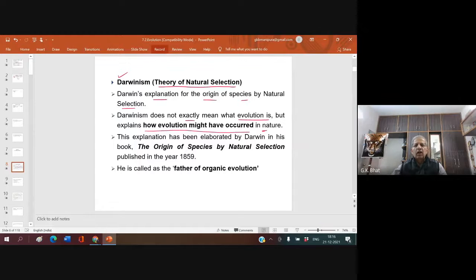This explanation has been elaborated by Darwin in his book called Origin of Species by Natural Selection, published in the year 1859. Please remember, it's very important. In one of the examinations, they even asked in which year it got published. 1859, Origin of Species by Natural Selection.